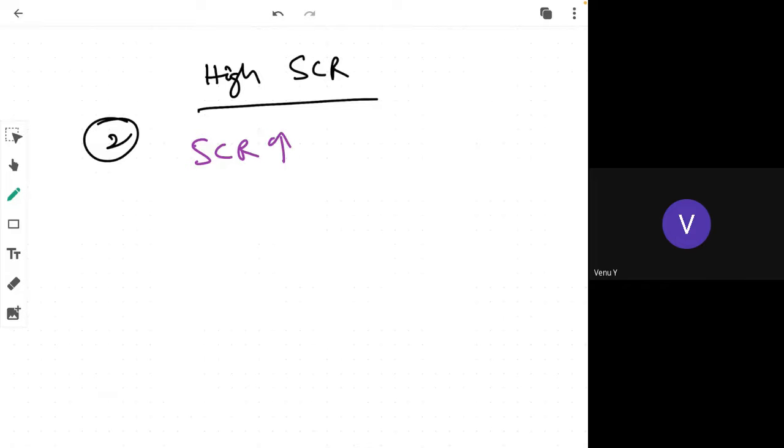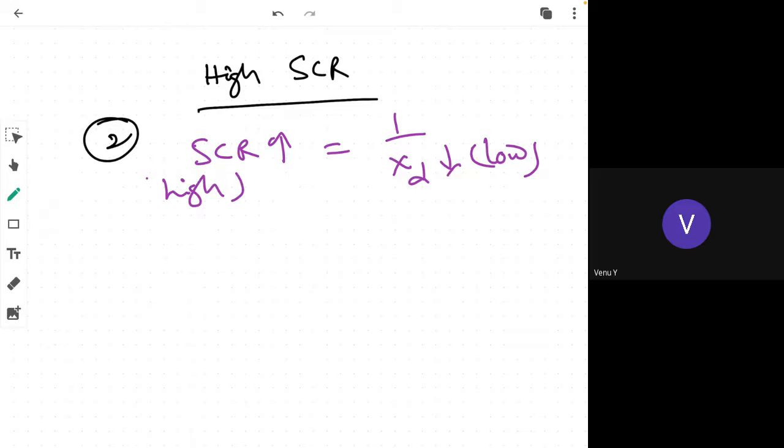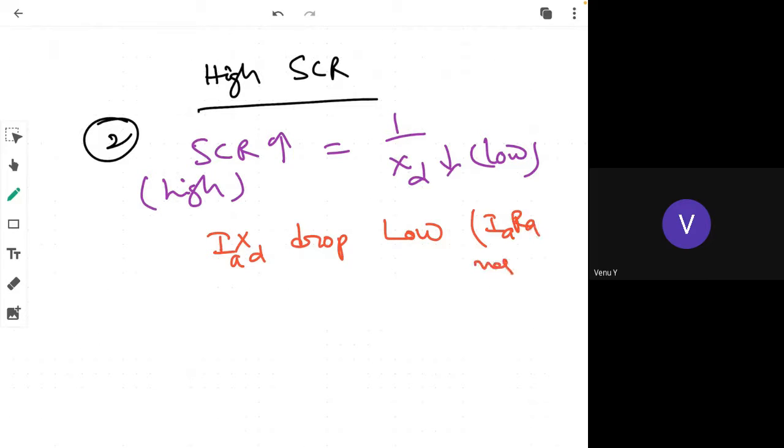SCR is high, so 1 by XT is high, which means XT is low. When XT is low, the IA XD drop is low. Anyhow, the IA RA drop is neglected. It is very small, it can be neglected.